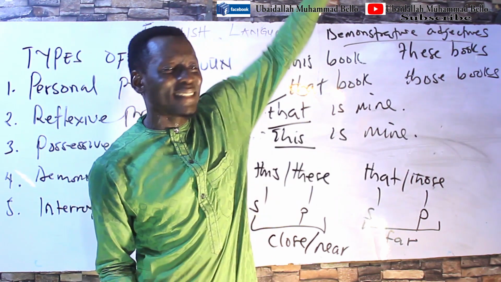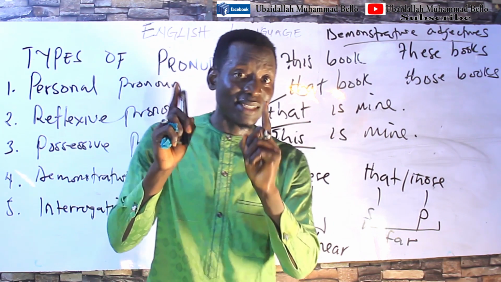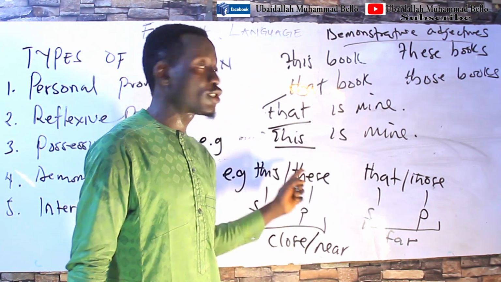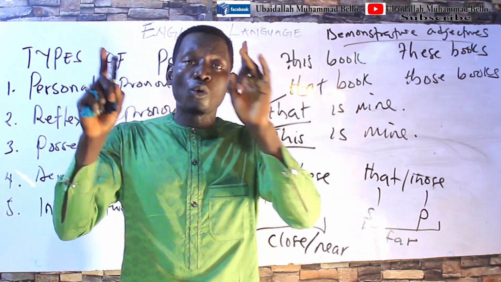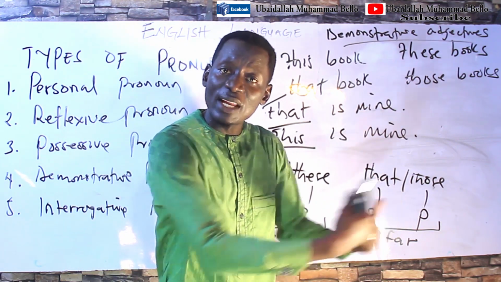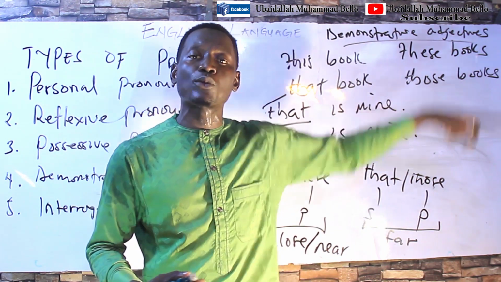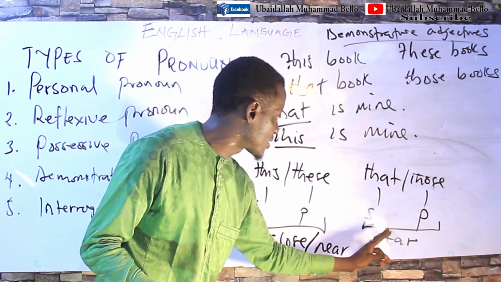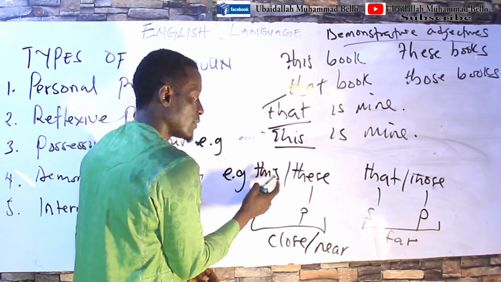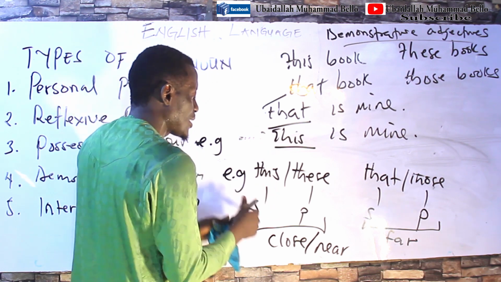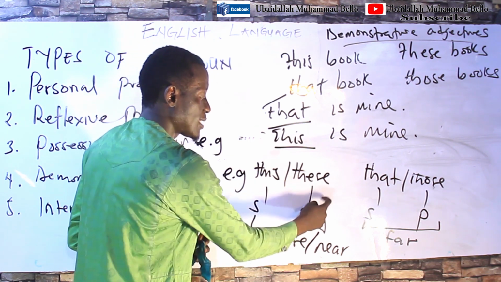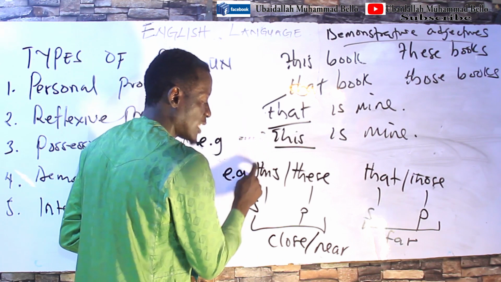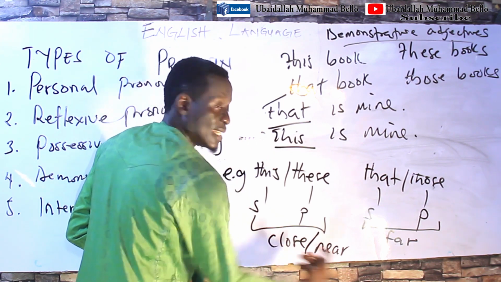It should be that is mine. So this is another thing you should understand. The two are singular, but one shows what is close, and the other one shows what is far.